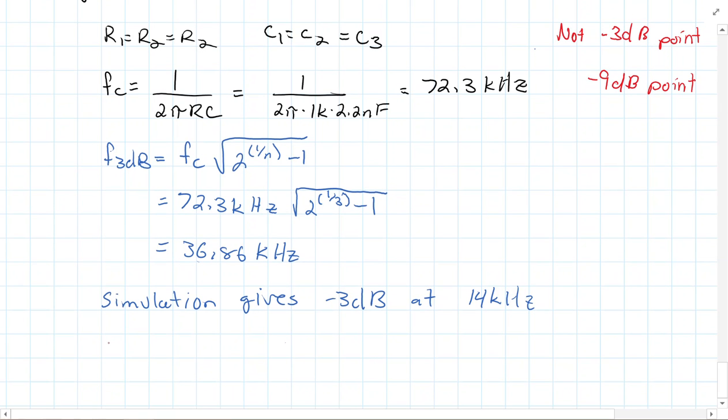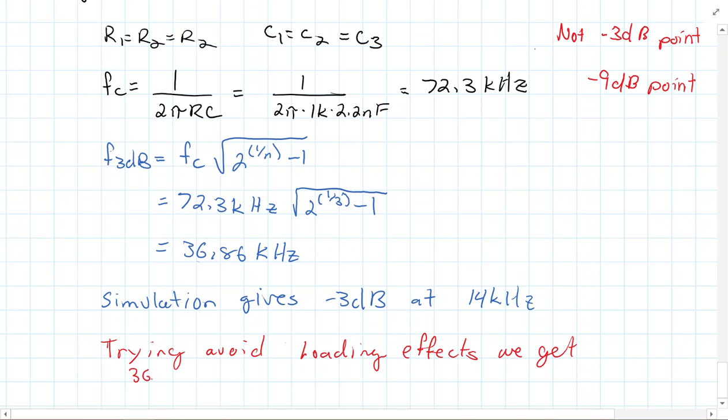So now, trying to avoid loading effects, we get 36.42 kilohertz.